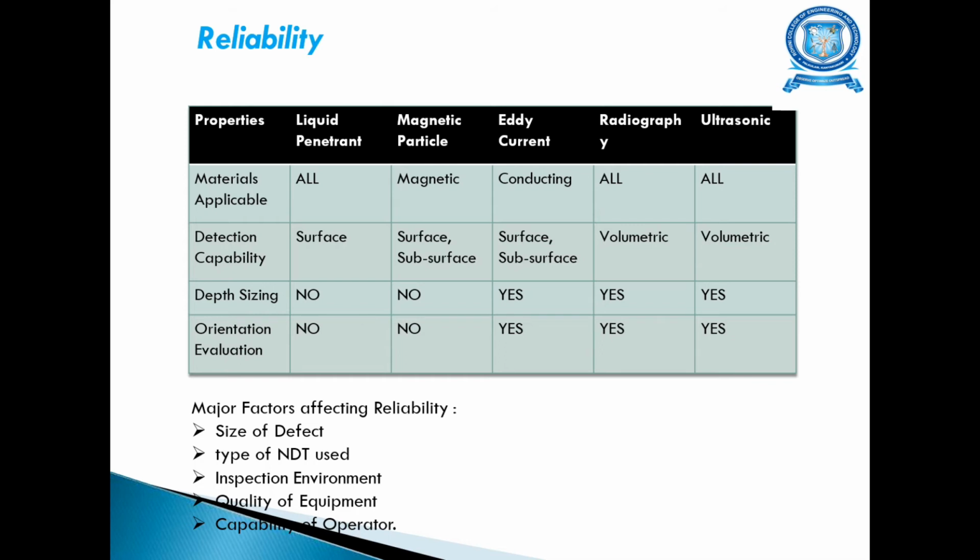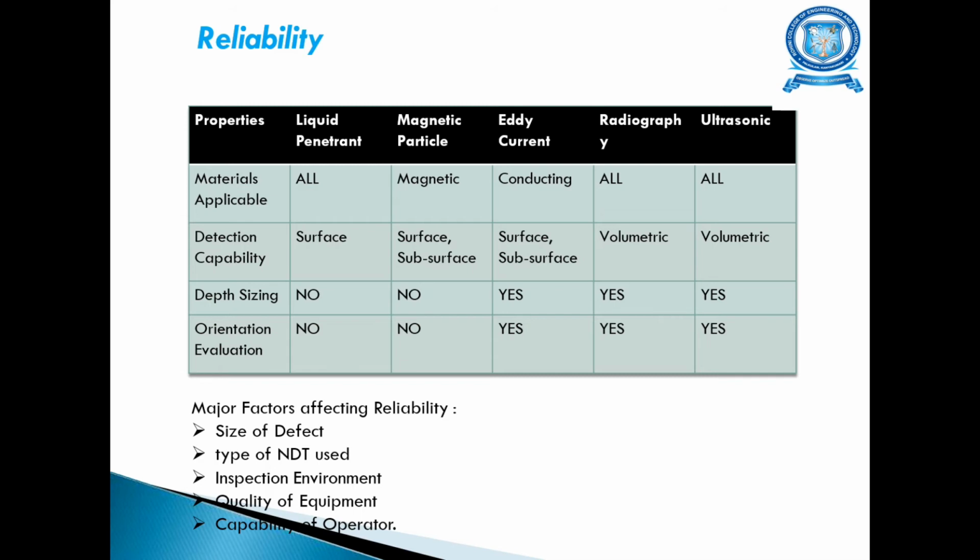And the detection capability: liquid penetrant testing, only the surface defects can be detected. In magnetic particle testing, you can detect the surface as well as subsurface defects. Similarly for eddy current also. And radiography and ultrasonic testing, you can do volumetric inspection.